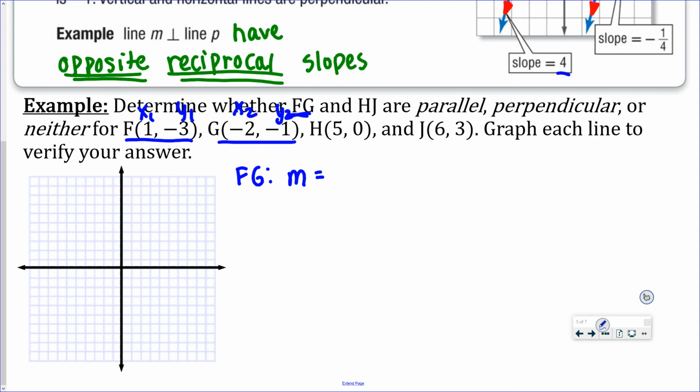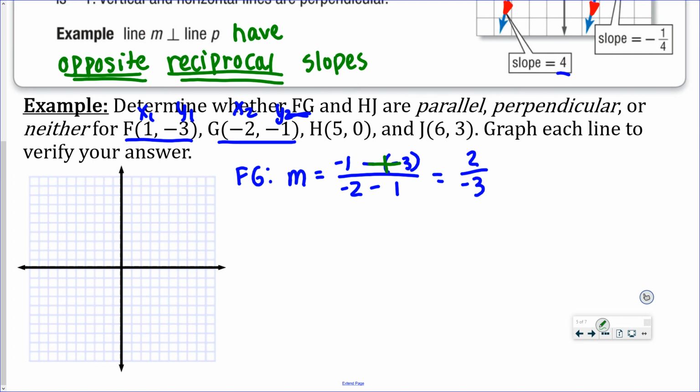All right, so we have y2, which is negative 1, minus y1, which is negative 3, all over x2, which is negative 2, minus x1, which is 1. I might have said that backwards. Either way, I wrote it correctly. Up here, negative 1 minus negative 3 would turn into plus 3. We get 2 over negative 2 minus 1 is negative 3.